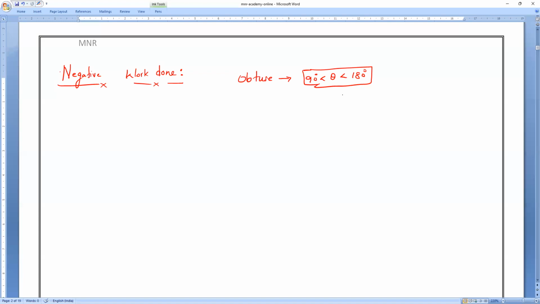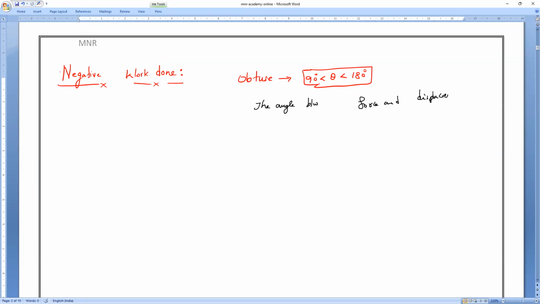Okay. Now let us see what kind of examples we'll take. In these cases, you can write: the angle between force and displacement.